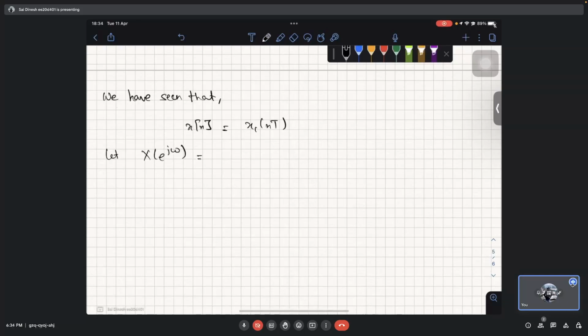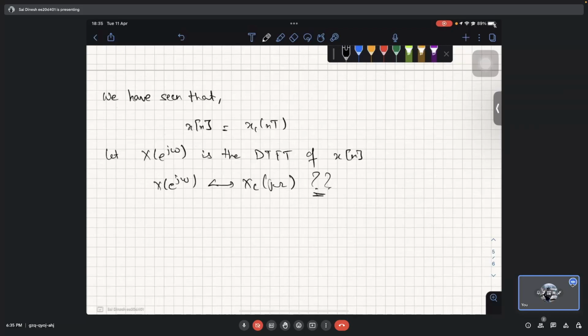So let X e power j omega be the DTFT of x of n. What is the relation between X e power j omega and Xc of j omega?